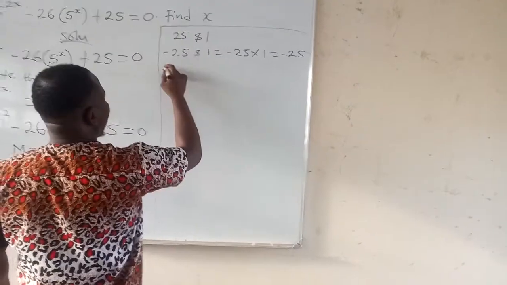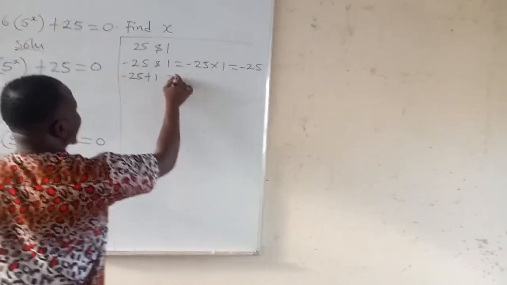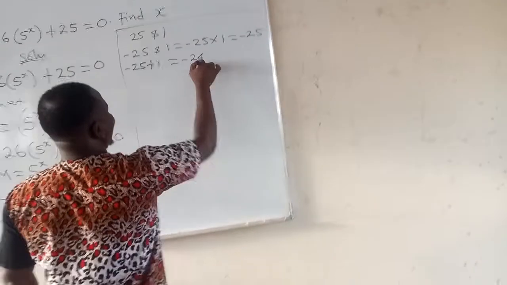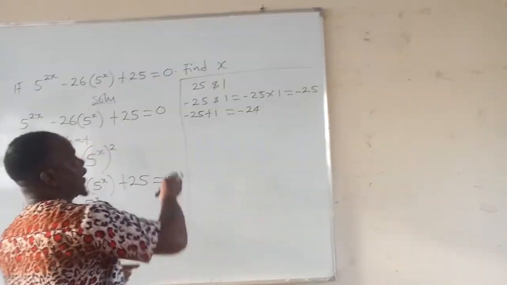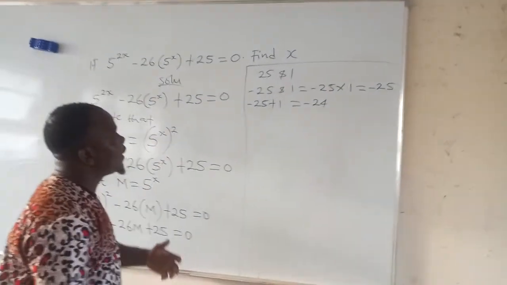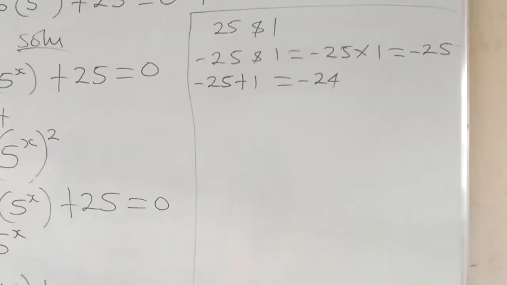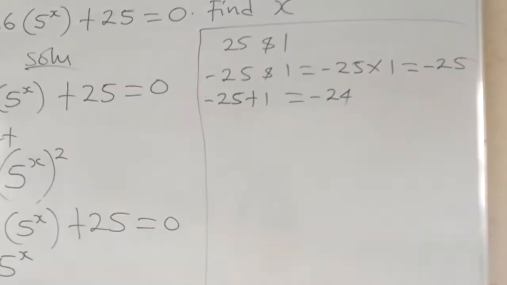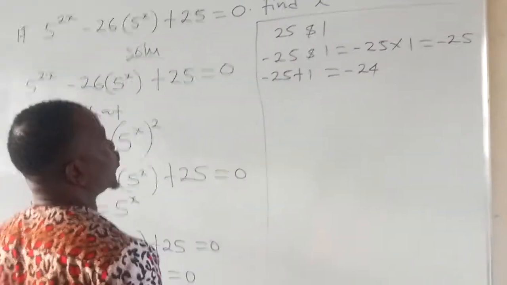Even if we add, minus 25 plus 1 gives us minus 24. It means this answer will not hold, because we are looking for two values that multiply to give us plus 25 and add to give us minus 26.